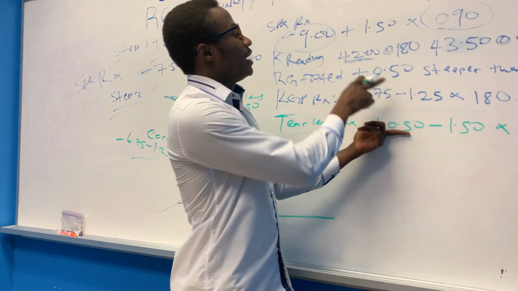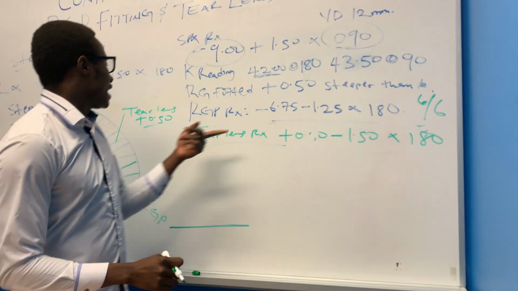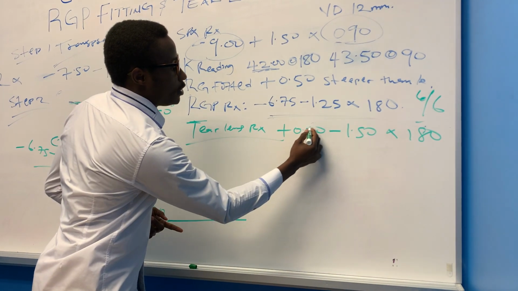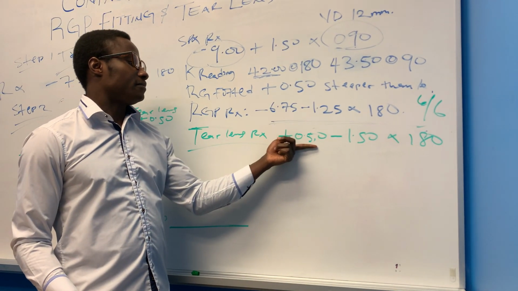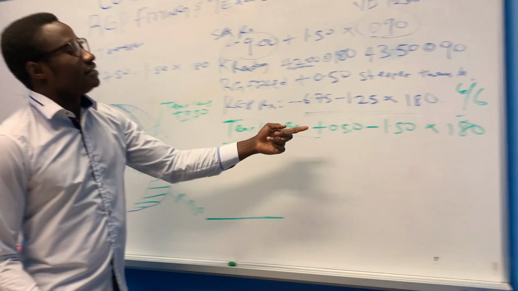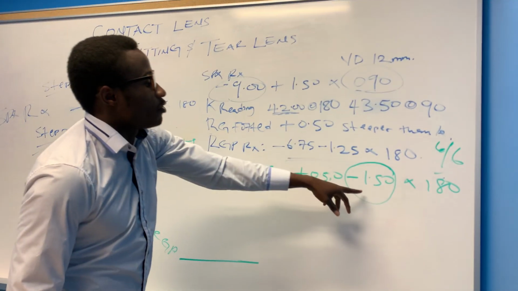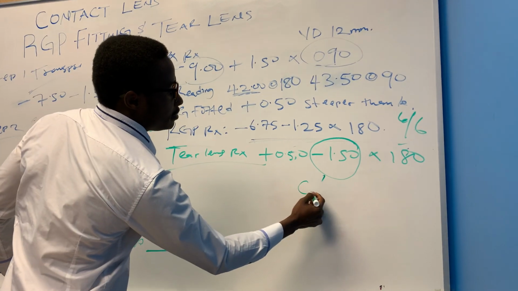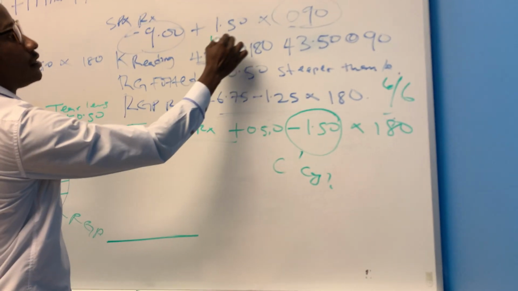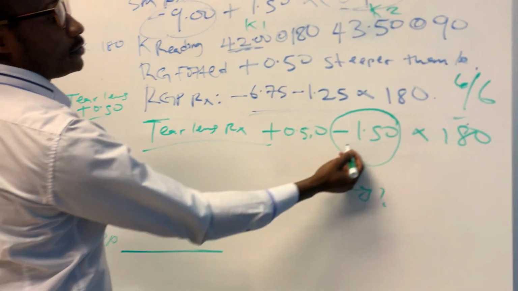We are asked to fit an RGP that is 0.50 steeper than K, meaning that we are creating a positive tear lens here. So this is going to be our sphere. This is creating a sphere here. Then this minus 1.50 is coming from what is called our corneal cylinder, which is the difference between your two Ks, K1 and K2. So the difference between your two Ks gives you your corneal cylinder.